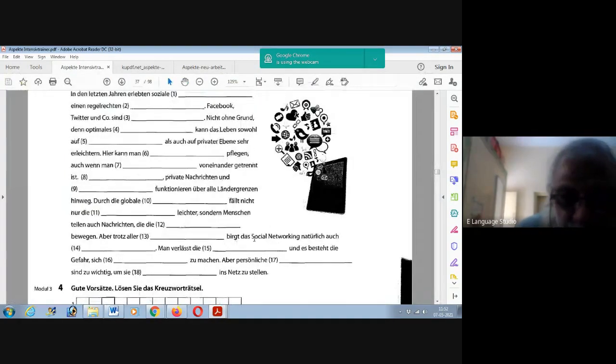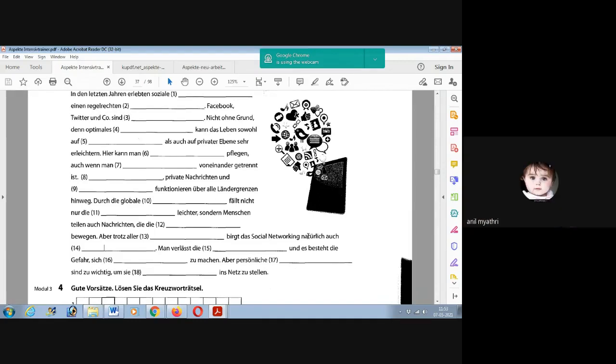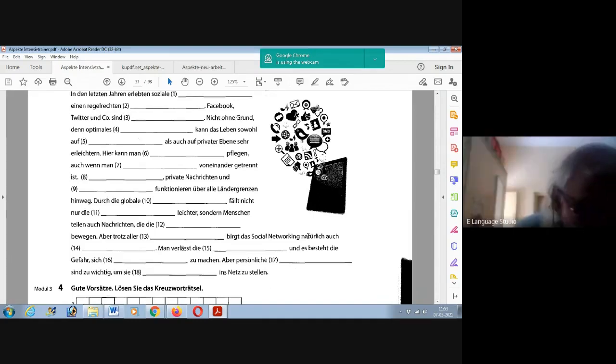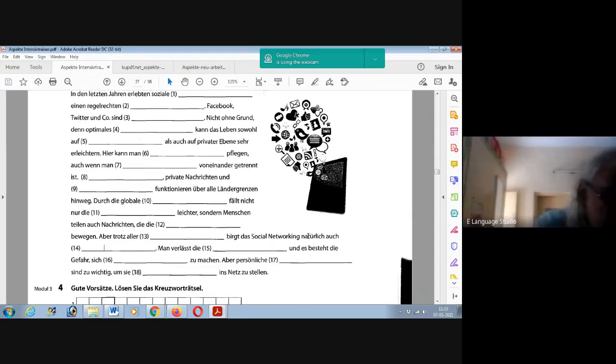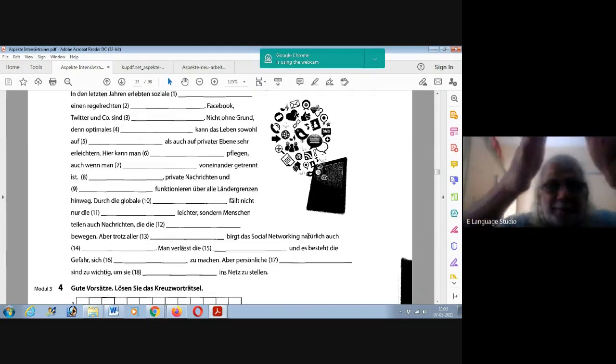Birgt das Social Networking natürlich auch Gefahren. Social Networking birgt auch Gefahren. Increasing. To mount up, meaning the burden of something increases. Here it would mean it actually has, it entails, it gives rise to. Yeah, to give rise to.